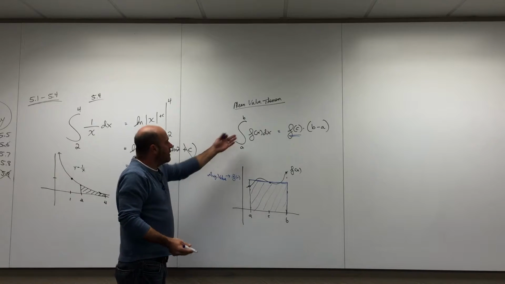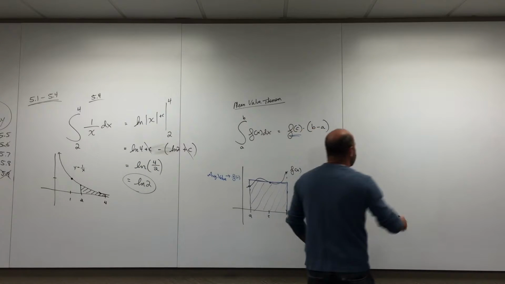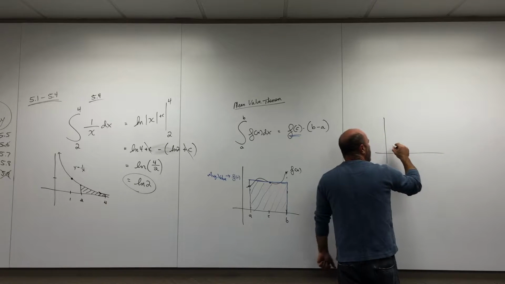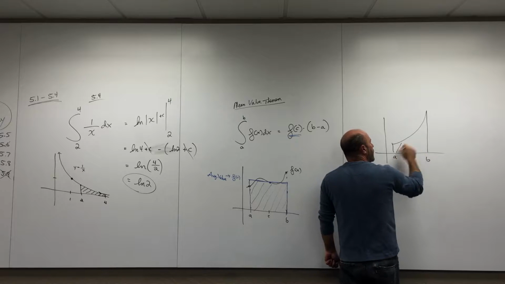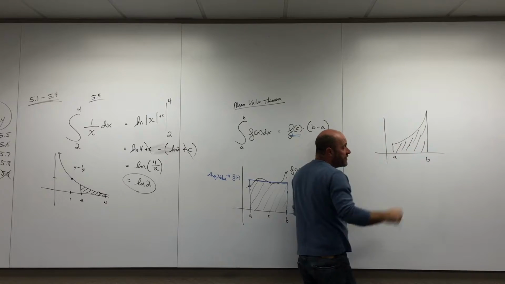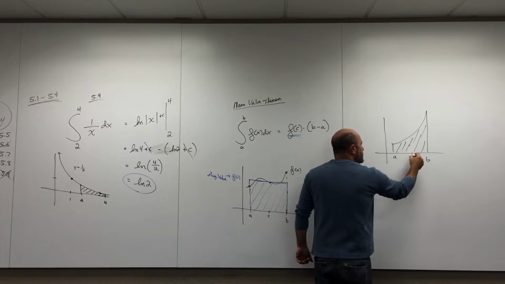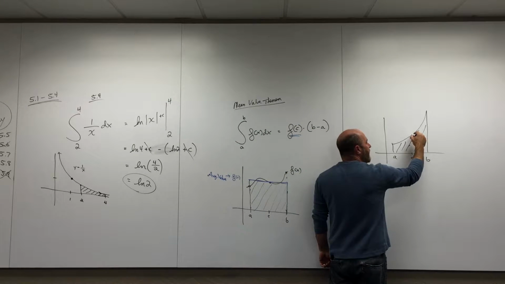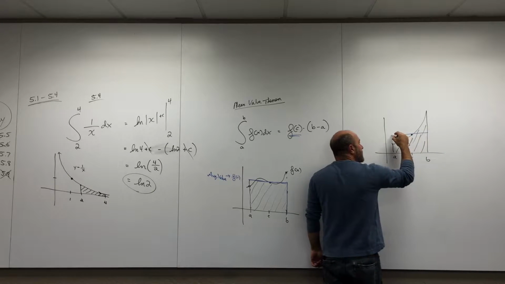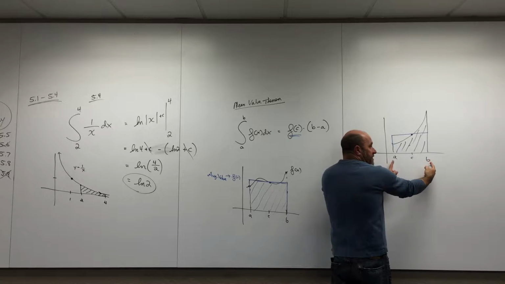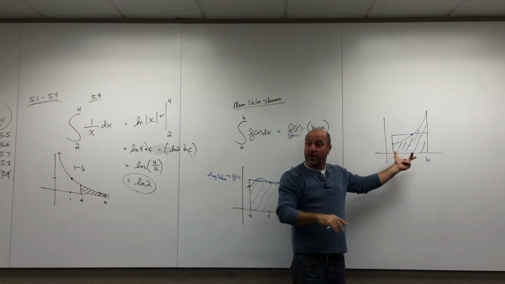So every integral can be interpreted as the area under a curve. Let me try this again, a little more abstractly. If I had some function, there's some area under this curve. The mean value theorem says that there's some value c somewhere in here that if you go up and find the correct height there and top it off with that height, then that width times that height is the equivalent area as the area under the curve.